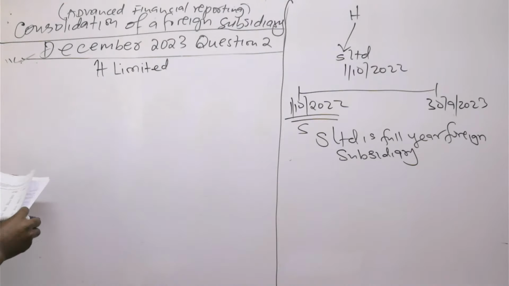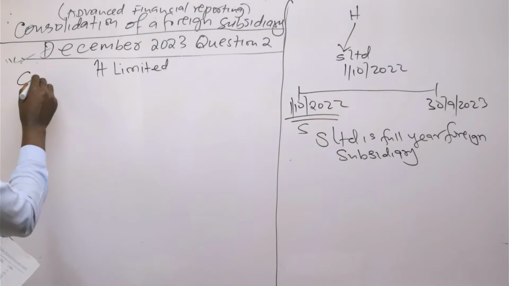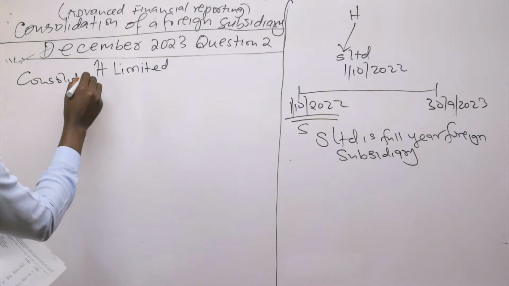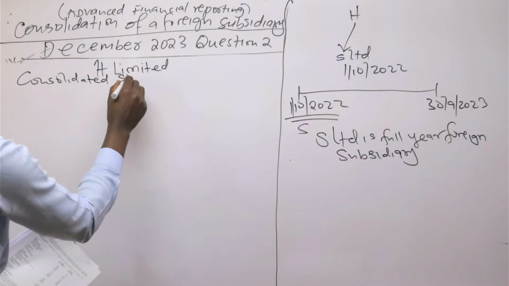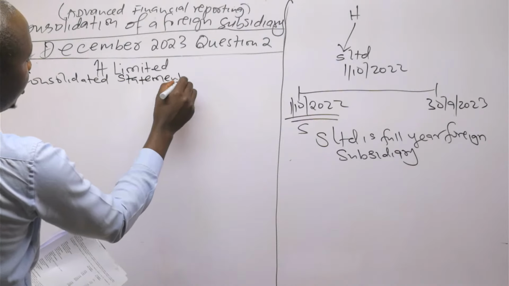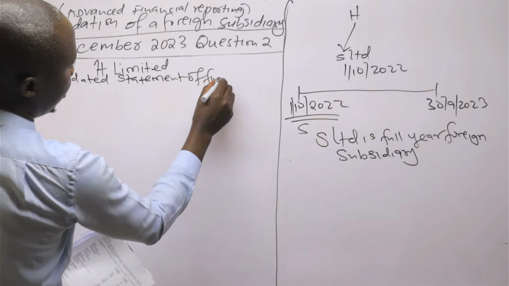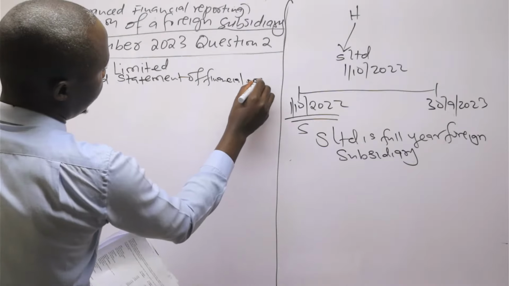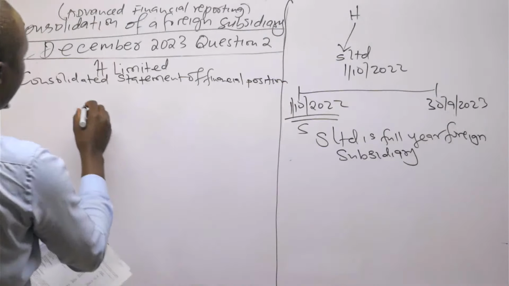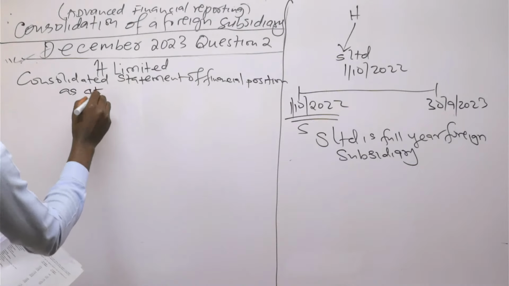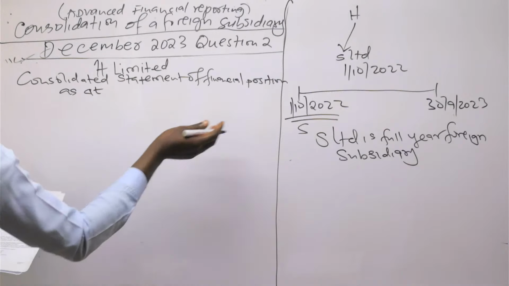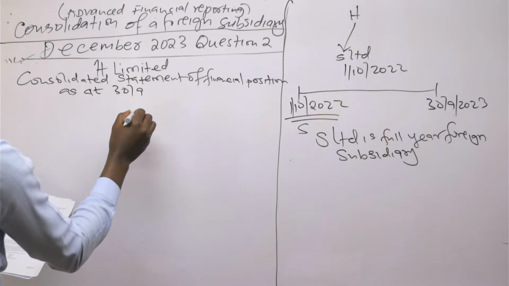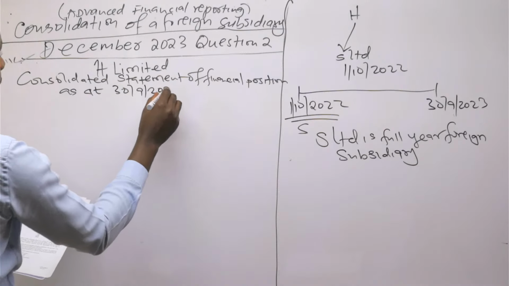Next requirement, the consolidated statement of financial position as at the end of the year, 30th September 2023.